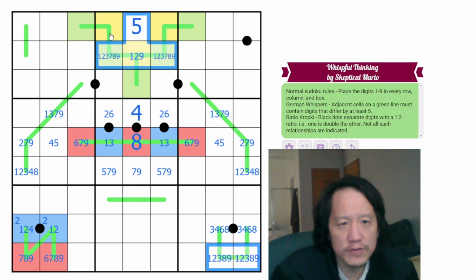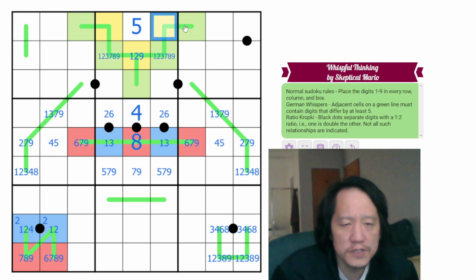Because it can't be any of these. If 4 is here, that means these both have to be 9. If 4 is here, that means both of these have to be 9.